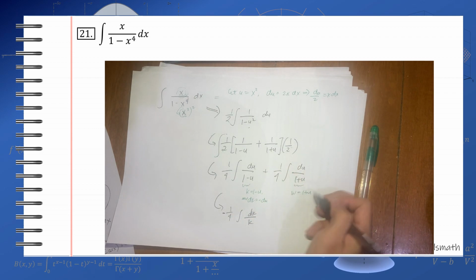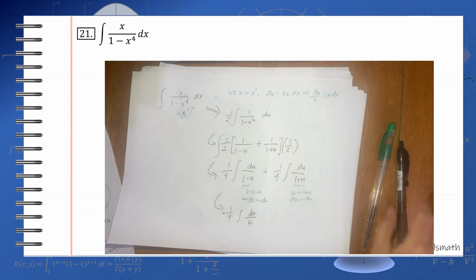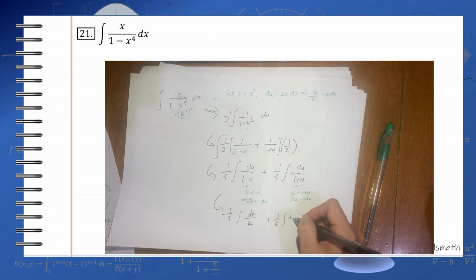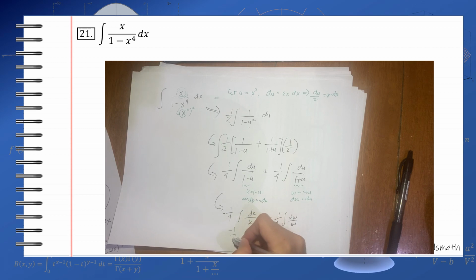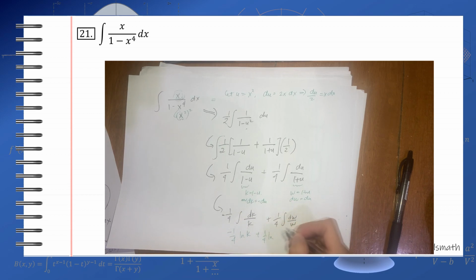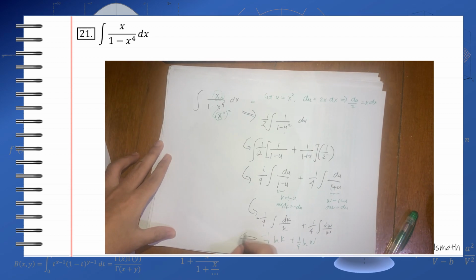So this one, on the other hand, is just dw equal to du. So that's 1/4 plus dw over w. This is negative 1/4 ln k plus 1/4 ln w. So we're writing everything back to what we want.